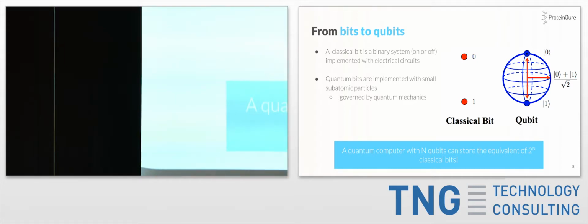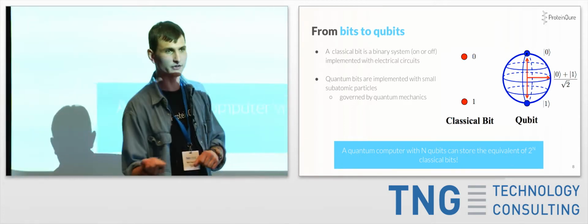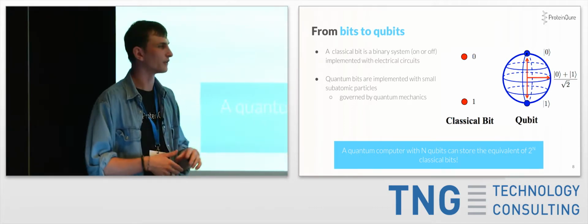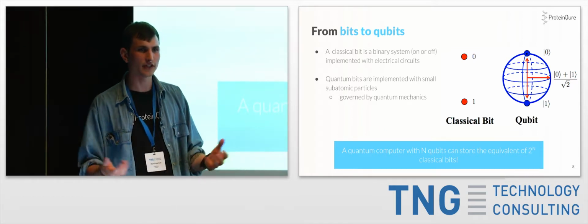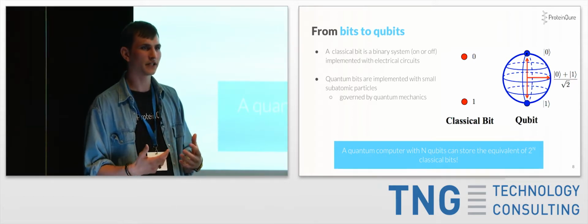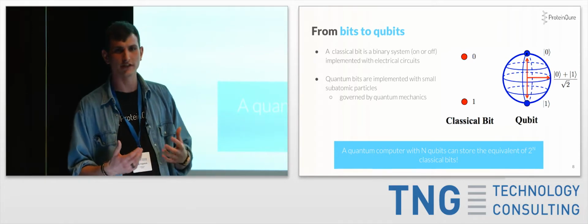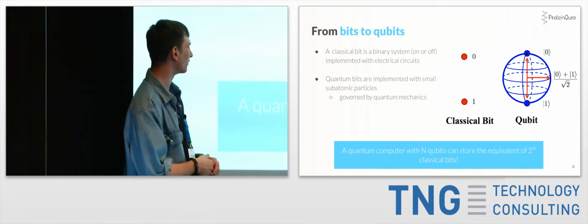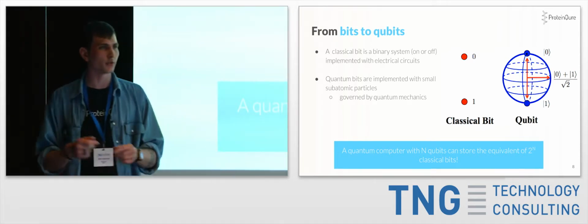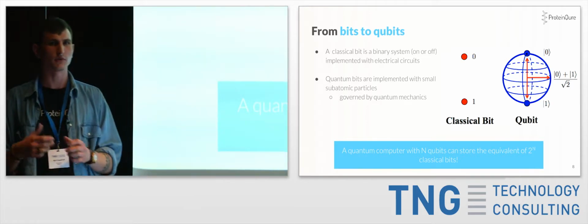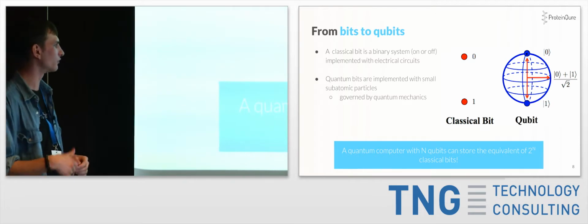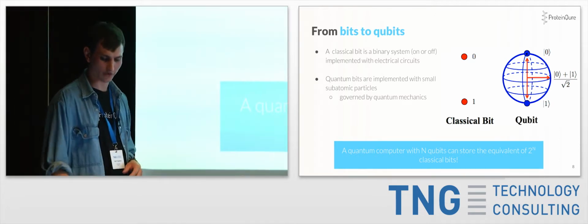You can basically be in these superpositions where you can have 50% 0 and 50% 1, and you can really change these percentages as you want. And by doing so and combining many qubits with each other, you can essentially get an exponential increase in the amount of memory that you temporarily have in that quantum computer. So a classical computer with n bits can store n bits of information, but a quantum computer with n qubits can effectively store 2 to the n classical bits worth of information.